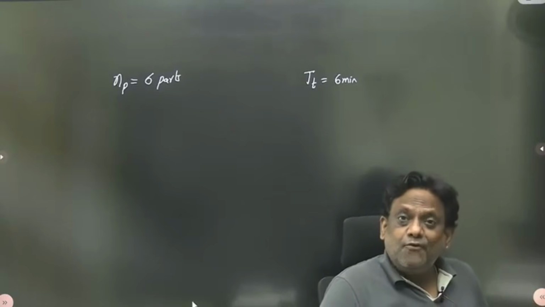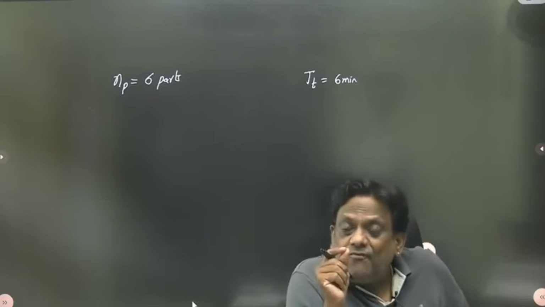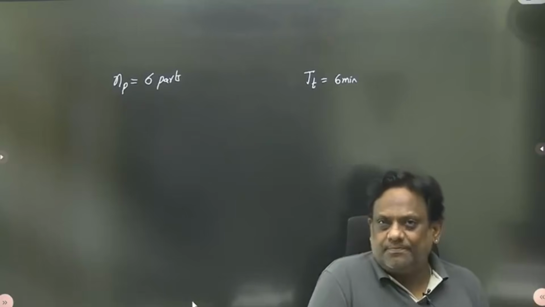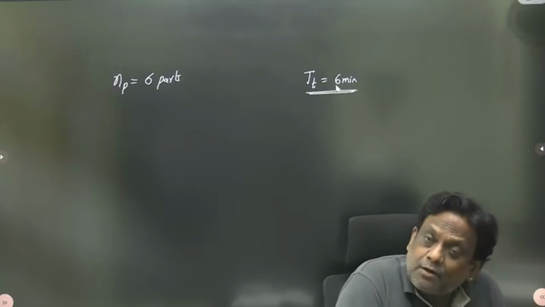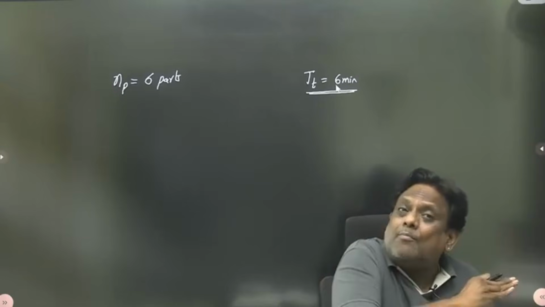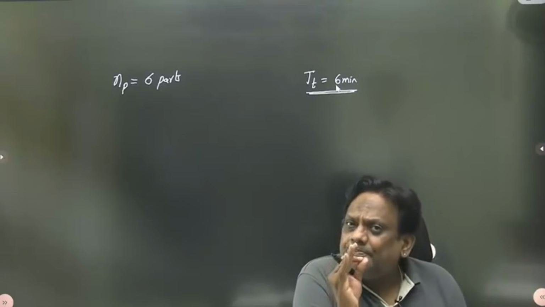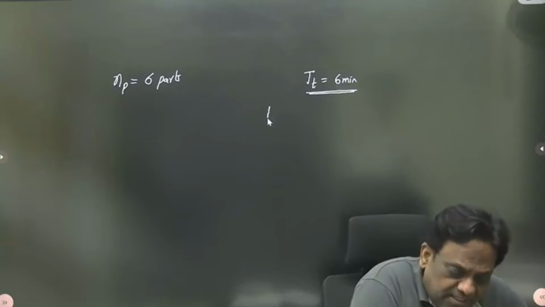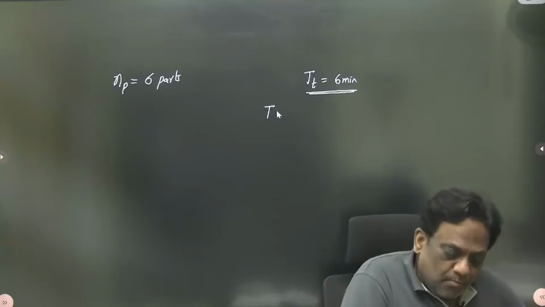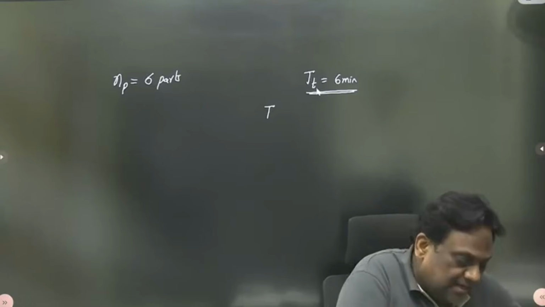What does it mean, sir? We are all calculating for a single piece. The total tool changing time is 6, but all other earlier components are responsible for the failure. So for each piece, I have to give equal weight. Therefore, for the tool changing time per piece, before changing this tool, how many pieces have you manufactured? 6 pieces.